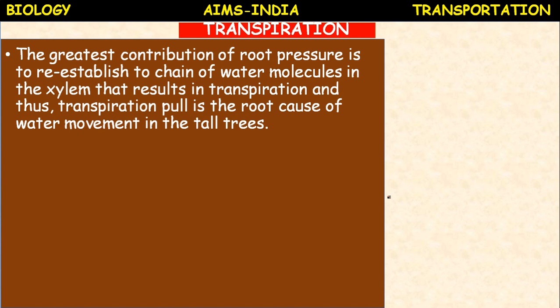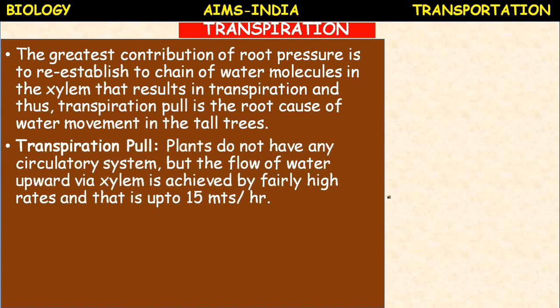What is transpiration? The process of evaporation of excess water through the stomata of leaves is called transpiration. Of the water which we pour to the plant, only 2% is utilized, and the remaining 98% is transpired.